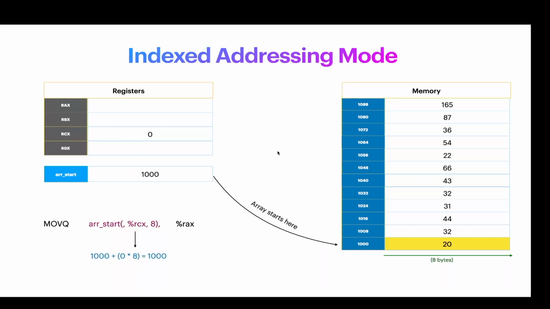This is called an indexed addressing mode. Indexed addressing mode is typically used to access an array of information. If you have programmed in high-level languages like C or C++ or Java, you might have heard about this term called arrays.